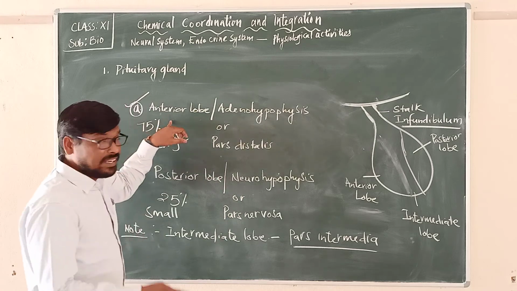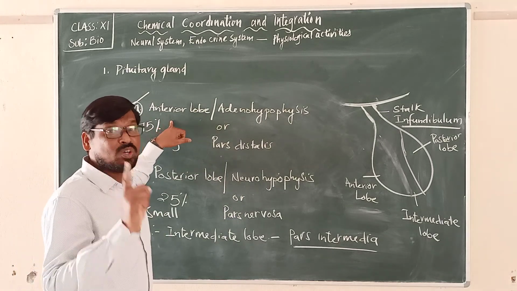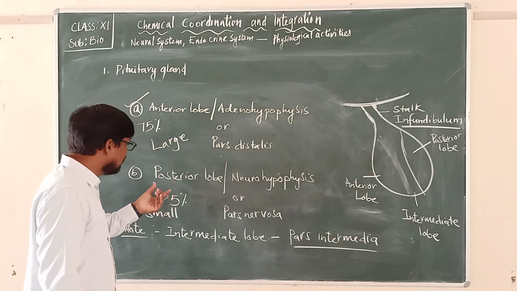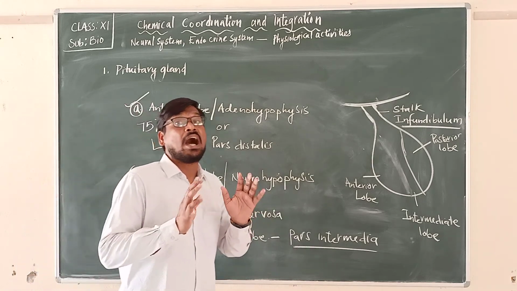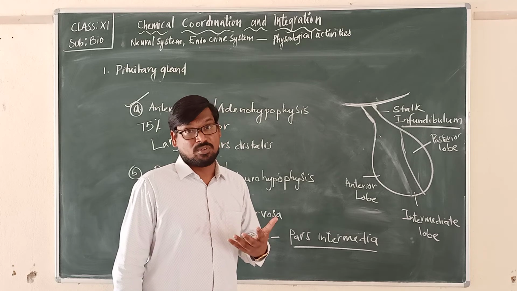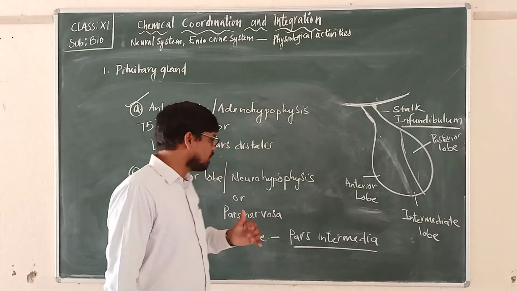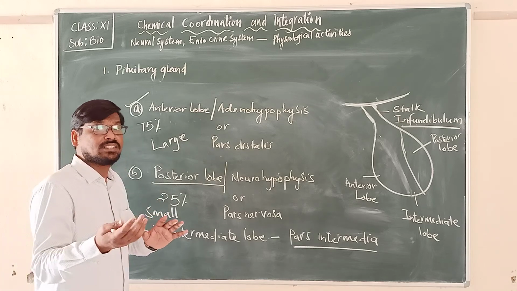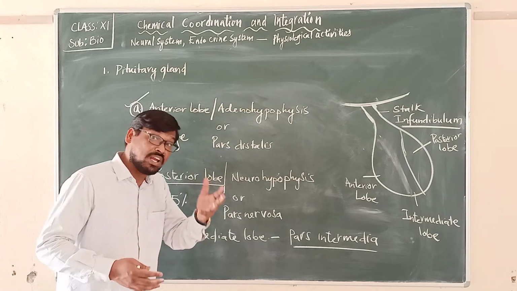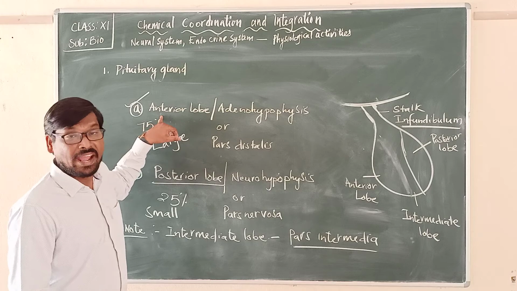The anterior lobe only produces hormones, while the posterior lobe will be storing hormones. Two hormones are stored in the posterior lobe. All the other stimulating hormones are produced from the anterior lobe.